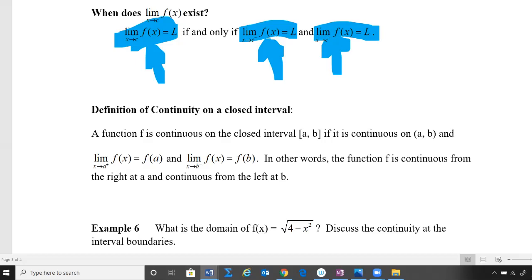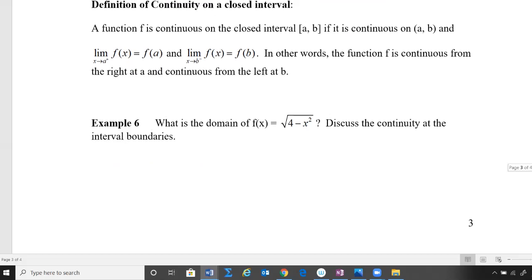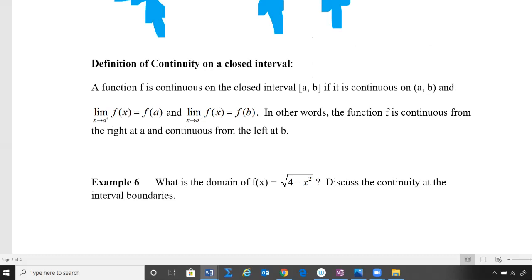Okay, here's our definition of continuity on a closed interval. It's a lot like continuity on the open interval, except it requires continuity on the open interval, and then the limits from the left and the right: the limit from the right as you approach x equals a, and the limit from the left at b, have to exist, and they have to be equal to the function value at a and b also.